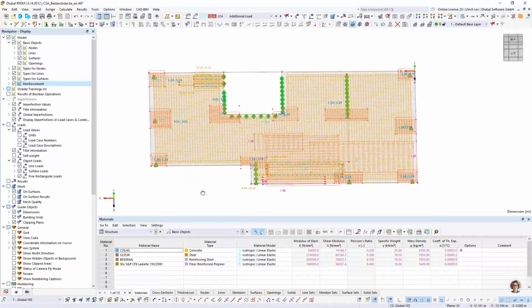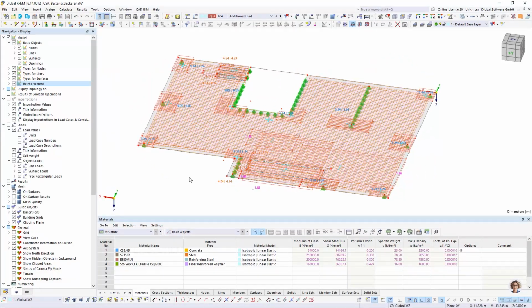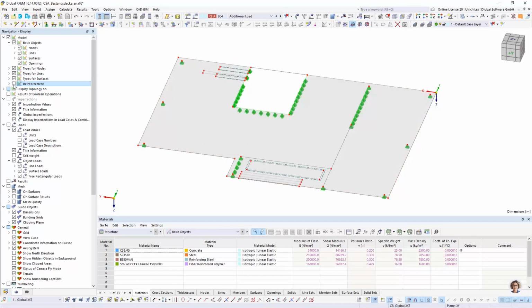So this is a thing that we do not know for every existing system, but it's not so important. When you know this reinforcement, then it's easier, because then you can do the check between the existing and the needed reinforcement.